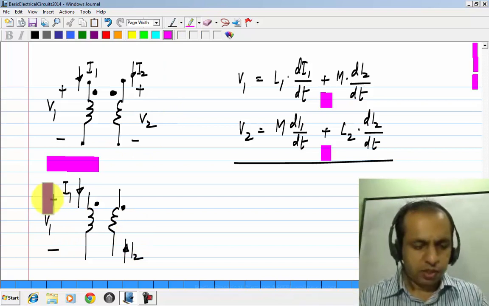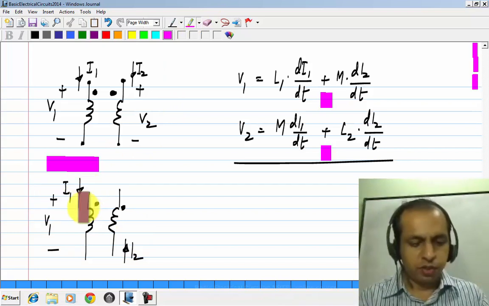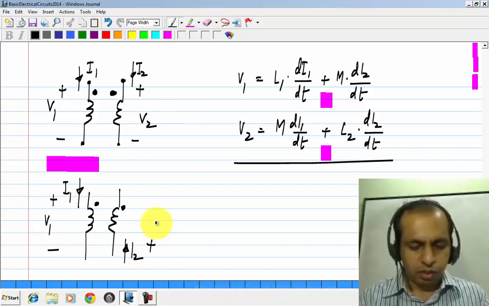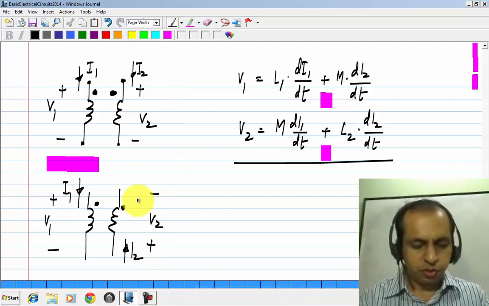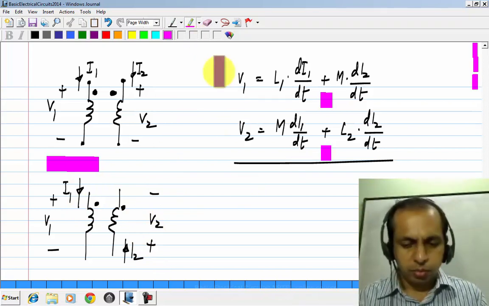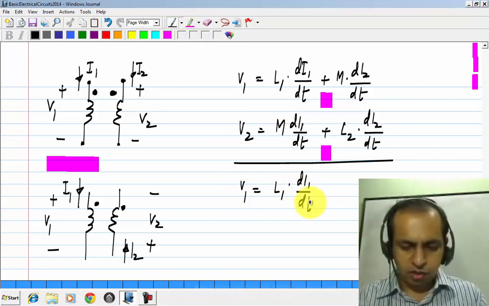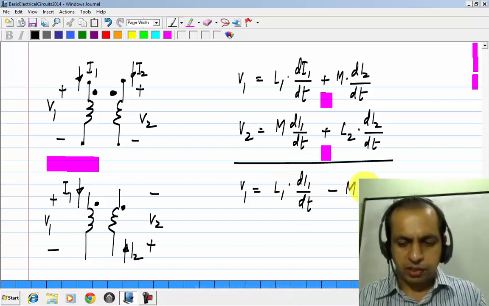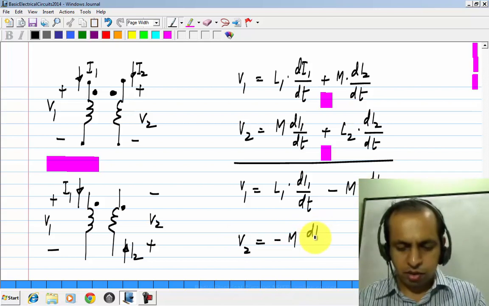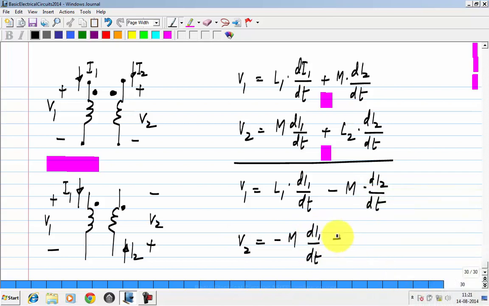That means that the positive terminal of V1 is wherever I1 is flowing into, and the positive terminal of V2 is wherever I2 is flowing into. In this particular case, V1 will be L1 di1/dt minus M di2/dt, and similarly V2 will be minus M times the time derivative of I1, plus L2 times the time derivative of I2.